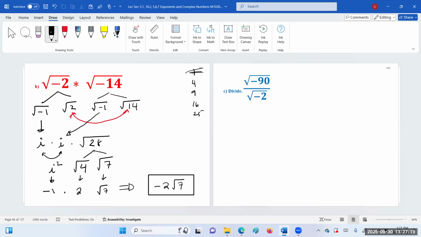Think about the next one. Square root of -90 over square root of -2. Who thinks he or she has a wrong idea how to approach this question?